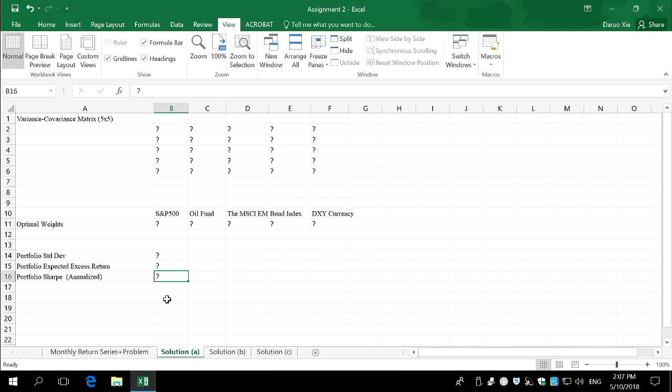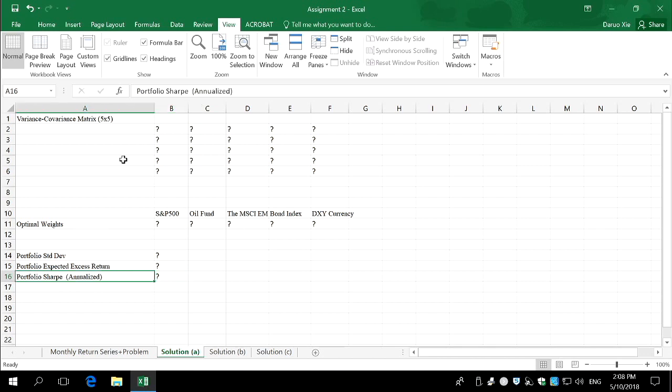So you will do the optimization based on the Sharpe ratio. You will find the highest possible Sharpe ratio by changing the weight of each asset. You have 5 assets, so you have 5 weights. There is one optimal set of weights which can provide you the highest possible Sharpe ratio.